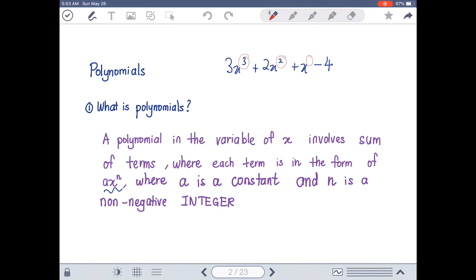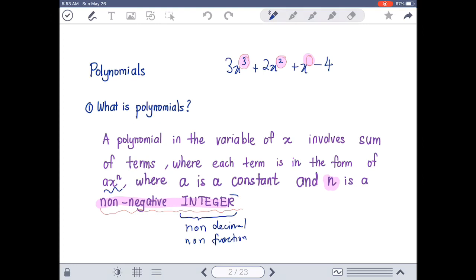where the power of x needs to be a non-negative integer. The value of n needs to be a non-negative integer. 3 needs to be a non-negative integer. 2 and 1 need to be non-negative integers. What does it mean by integer? Integer is not decimal, non-fraction.